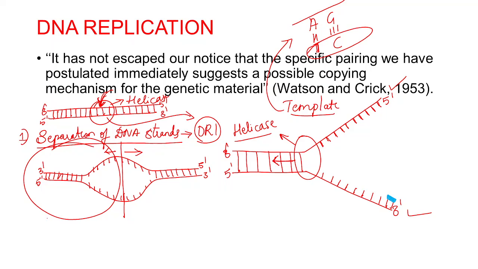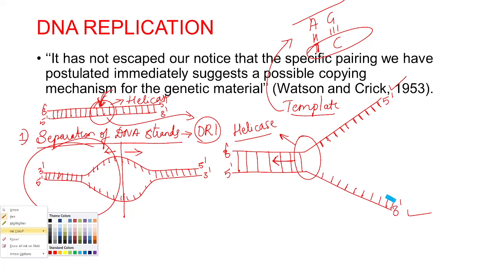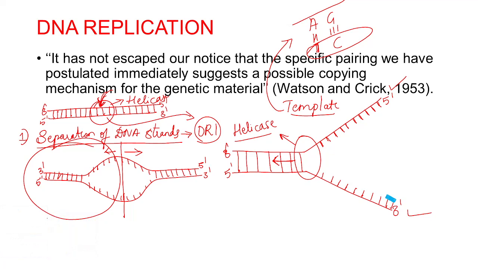If the primer attachment has taken place, the RNA primer, do remember, then to that particular site where the primer attachment has taken place, the polymerase enzyme will bind and start the process of polymerization. This is the polymerase enzyme.